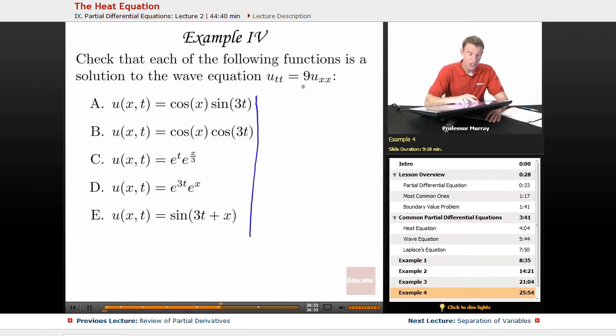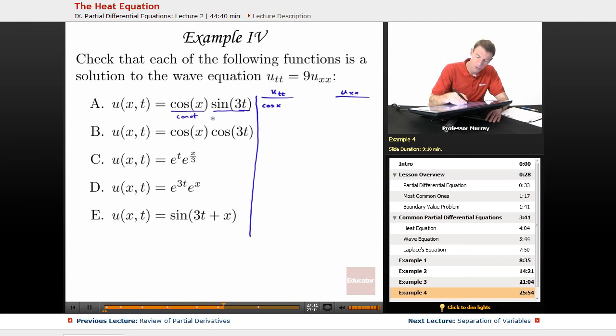The first one is u of x, t is equal to cosine x sine of 3t. So let's figure out u sub tt, and then we'll figure out u sub xx for each one of these functions. Now, cosine of x times sine of 3t, when you figure out u sub tt, that means that the cosine of x, we want to think of that as being constant. And so we'll just have cosine of x coming down. Now, sine of 3t, we're going to take two derivatives of that.